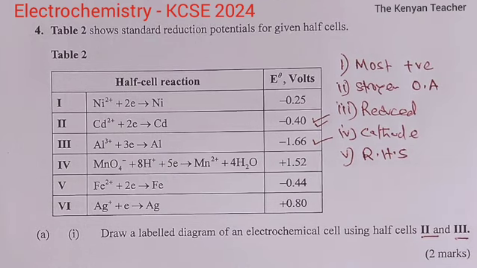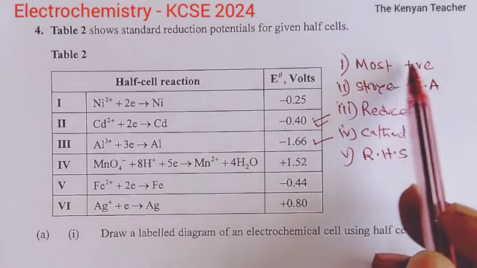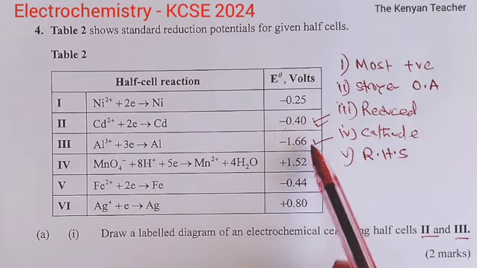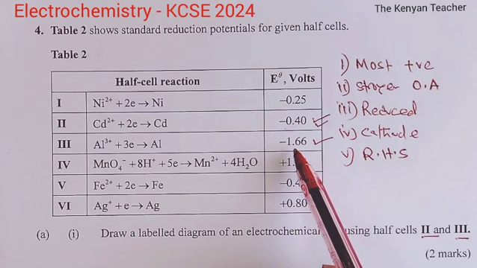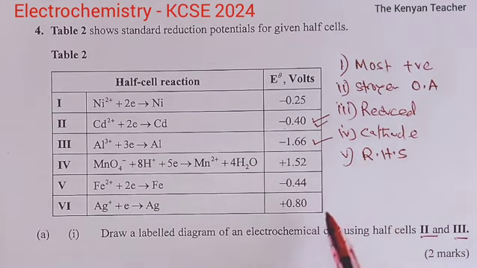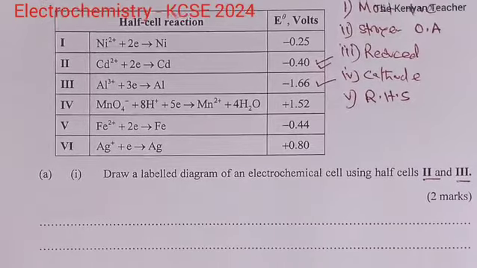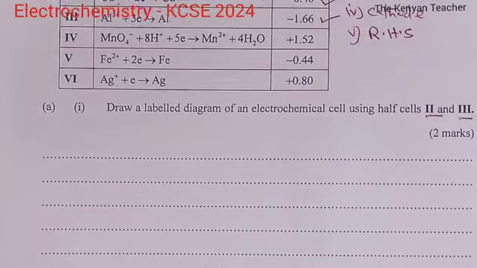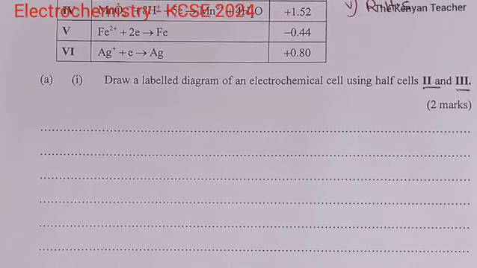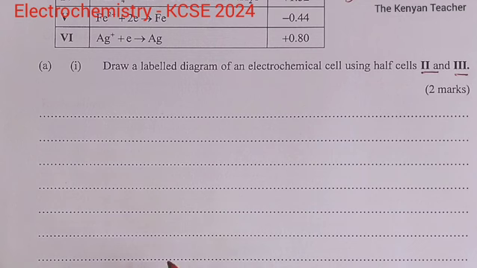So for that reason, cadmium, which has the more positive E0 value as compared to aluminium, will therefore be placed on the right hand side of our electrochemical cell. Now with that information, we can go ahead and draw our complete cell so that we bag the first 2 marks of question 4.